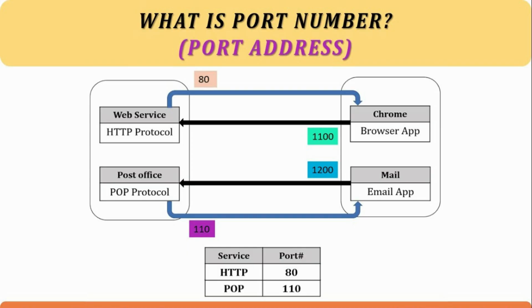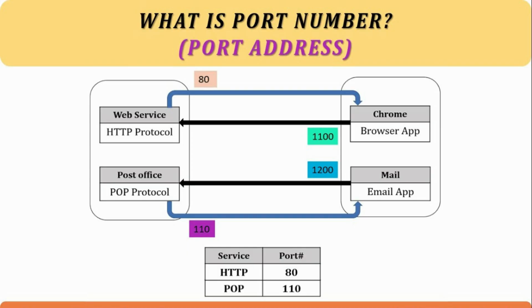Here is the breakdown of the ports. The well-known ports are 0 to 1023. These ports are reserved for common, widely used services and protocols like HTTP port 80, HTTPS 443, Simple Mail Transfer Protocol 25, and SSH 22.